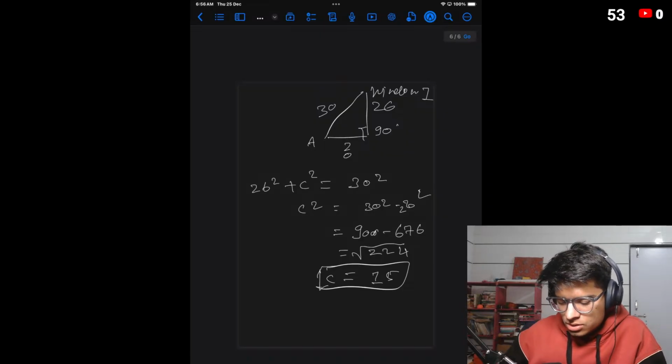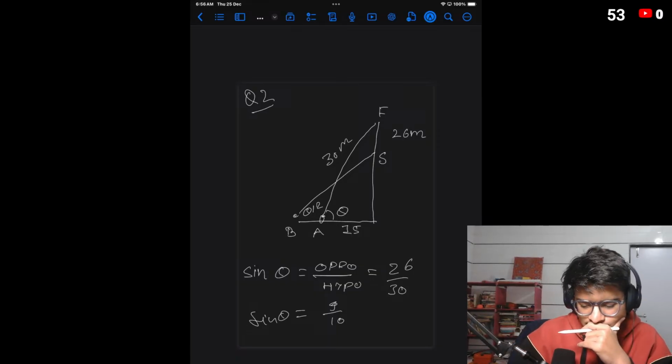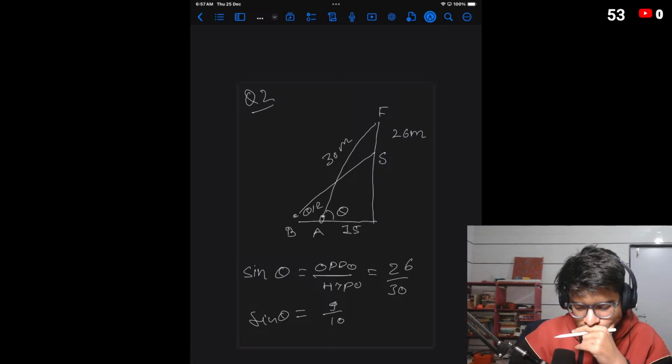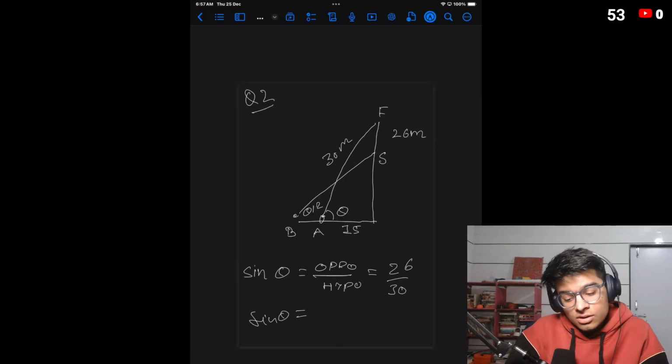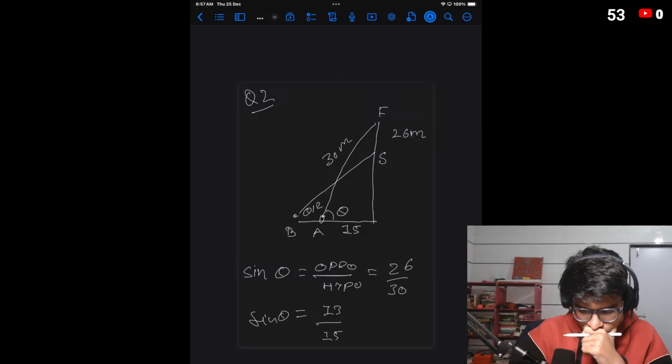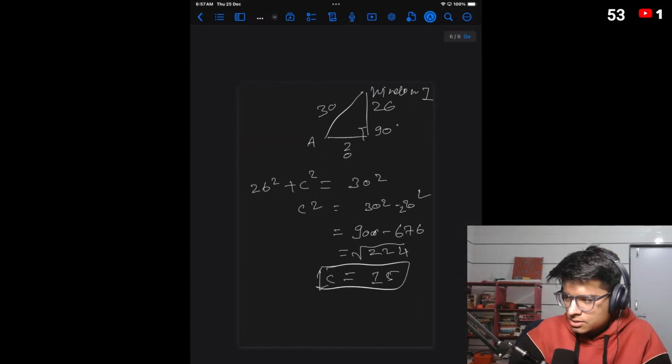After this, I don't know how to do the theta calculation, that theta by 2, and how to derive other values. 13 upon 15. 13 upon 15 theta by 2. There is some connection between theta and theta by 2.